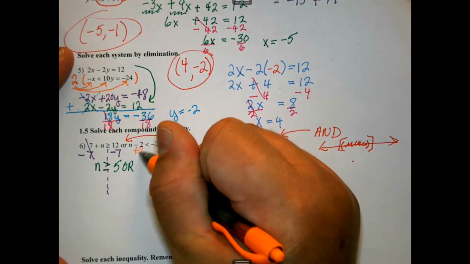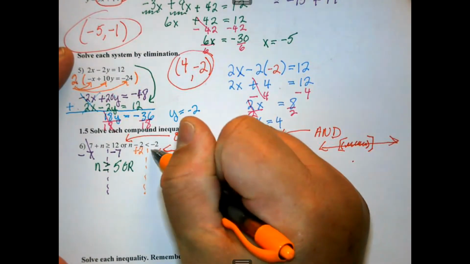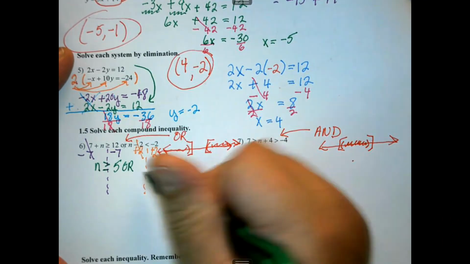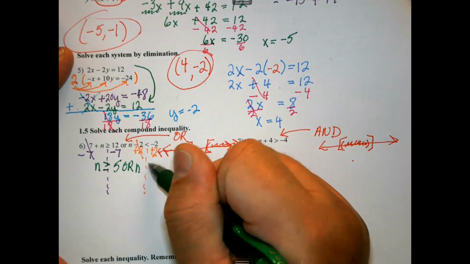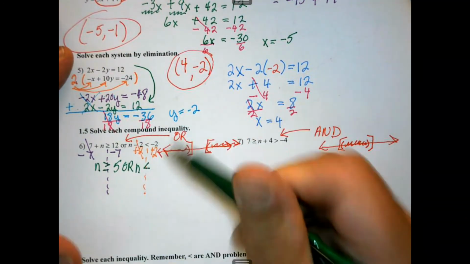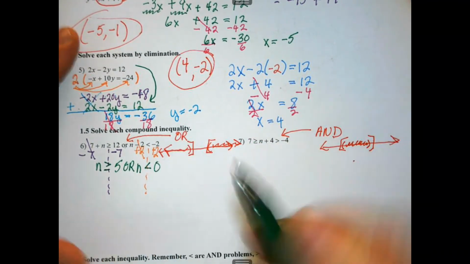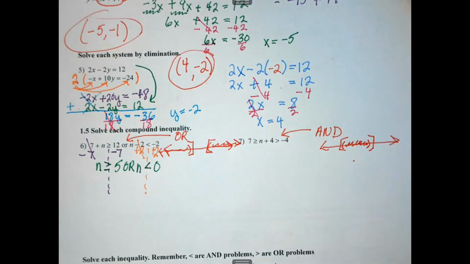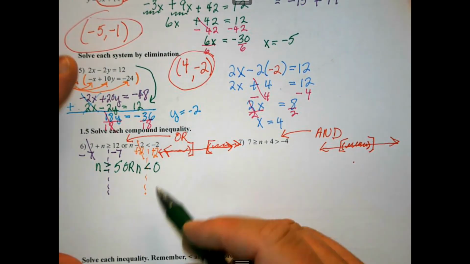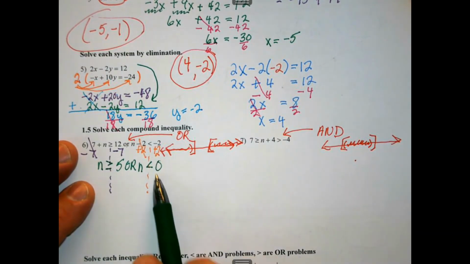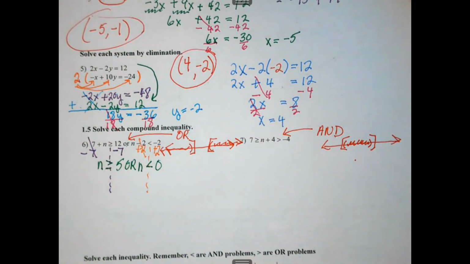Add 2 to both sides here. Add 2. So I get n is less than, now, negative 2 plus 2 is 0. 0 is a number, so use it. A lot of students make mistakes and they get a 0 there. They think they did something wrong and they leave the problem. 0 is a number, so use it.